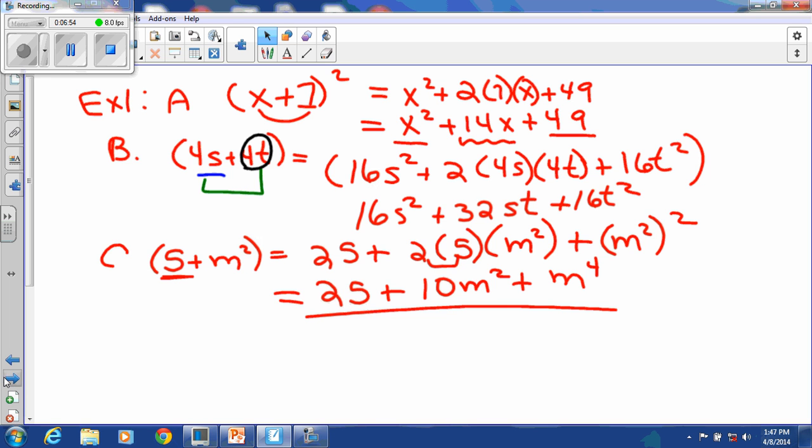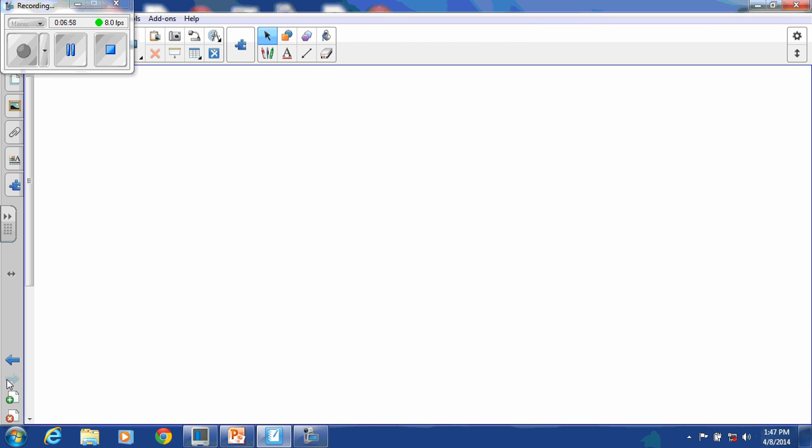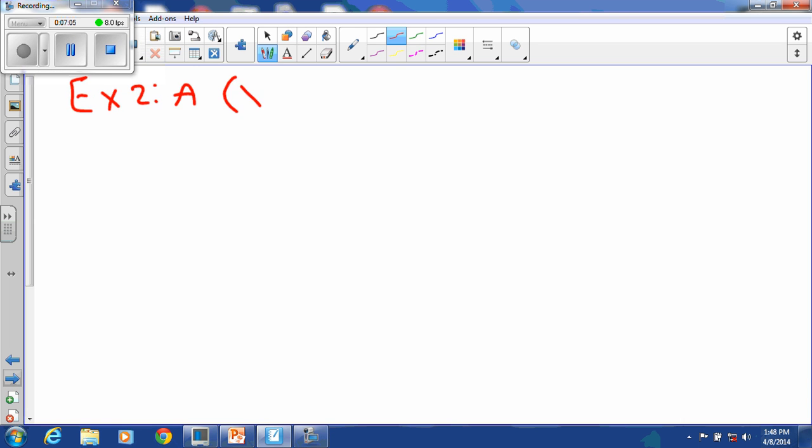Let's see what happens when we have a binomial where we subtract. In the second level of examples, we have the first term minus the second term. But we'll use the same pattern. The first term squared would be x squared. Minus instead of plus because we're subtracting.